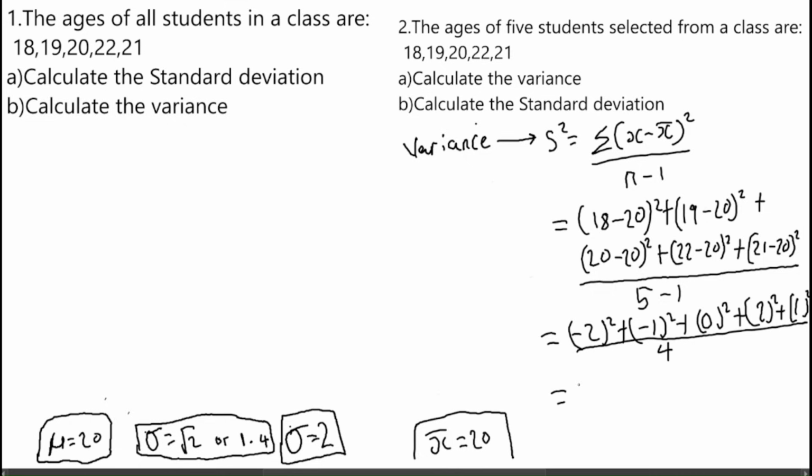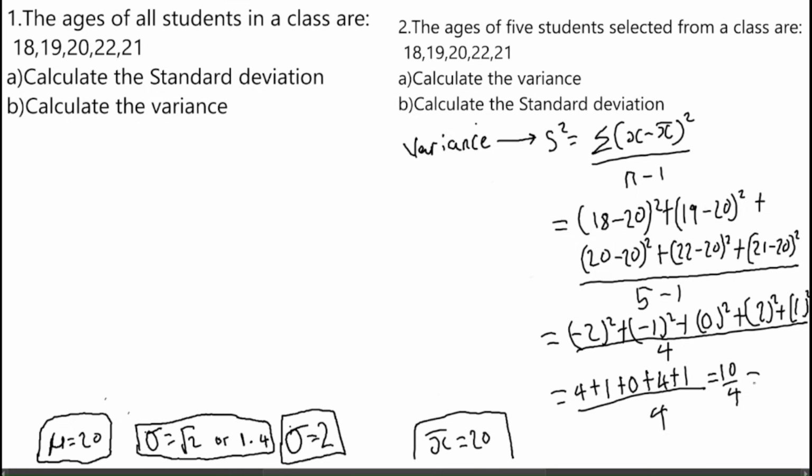So negative 2 square is 4, plus negative 1 square is 1, plus 0 square is 0, plus 2 square 4, plus 1 square 1, divided by 4. Now 4 plus 1 plus 0 plus 4 plus 1 is 10 divided by 4.